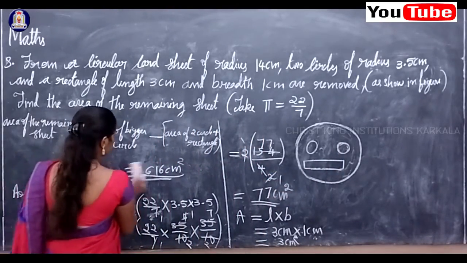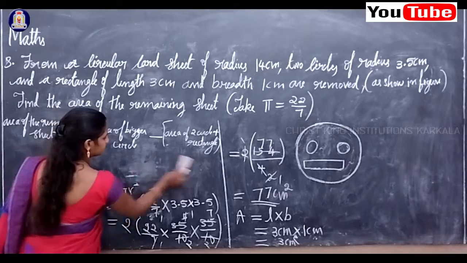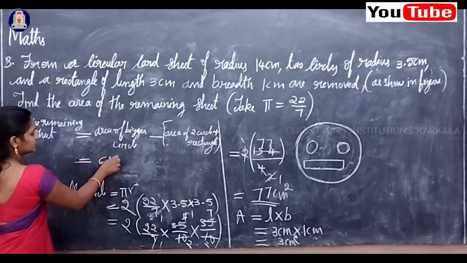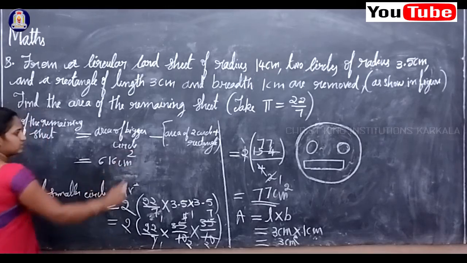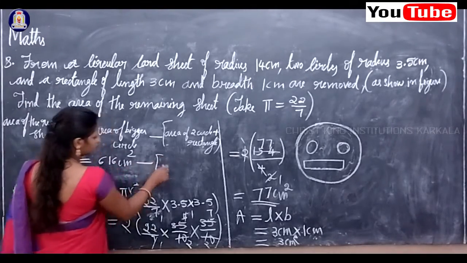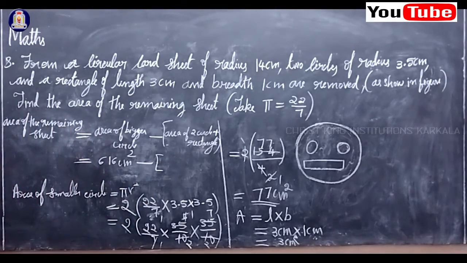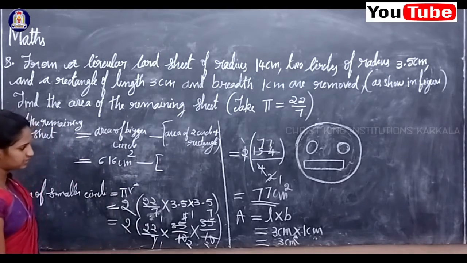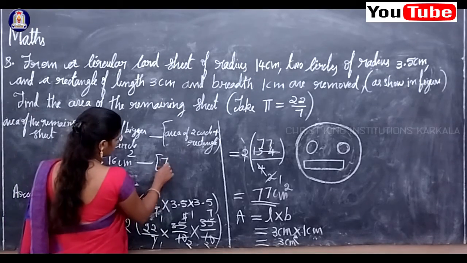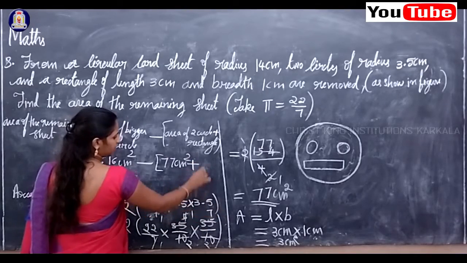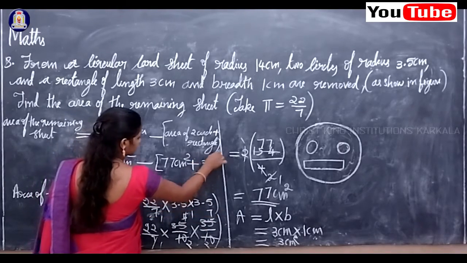Okay, so now we know the area of the bigger circle is 616 centimeters square. So now we have to subtract the area of the two smaller circles and the rectangle. The area of the two smaller circles is 77 centimeters square, plus the area of the rectangle is 3 centimeters square.